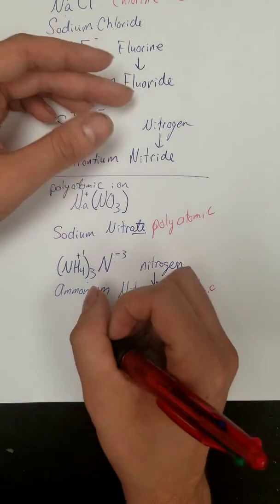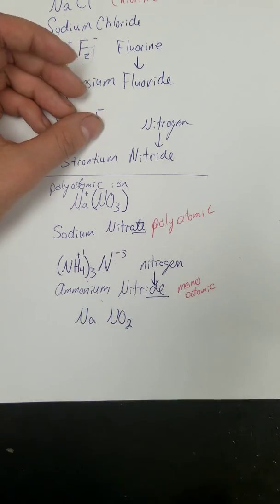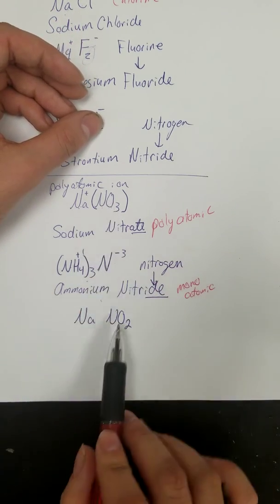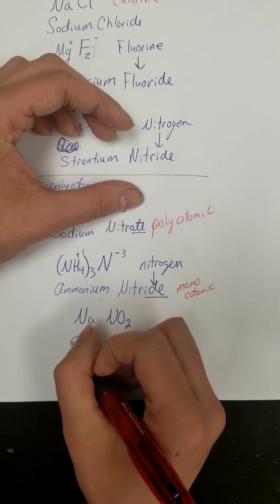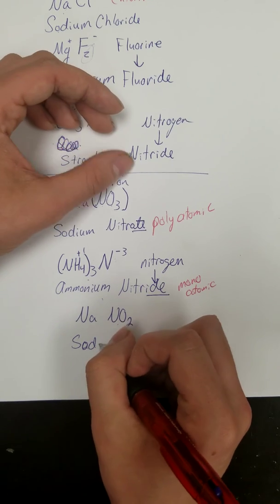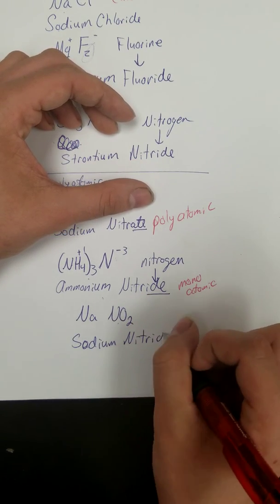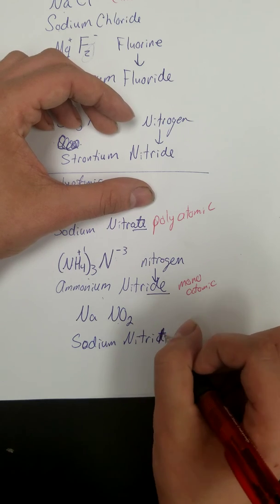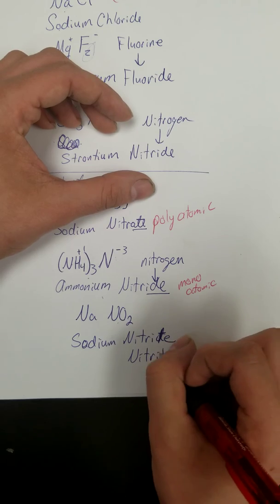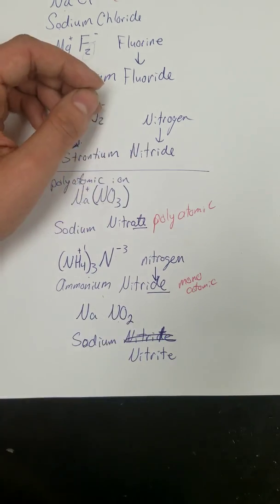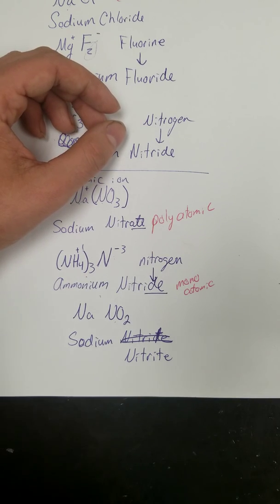So if we had NaNO2, now if you look, we have one less oxygen than our ATE form of this. That means this one is going to be sodium nitrite. I almost started saying ide. So that's the difference. That's our other polyatomic ending there.